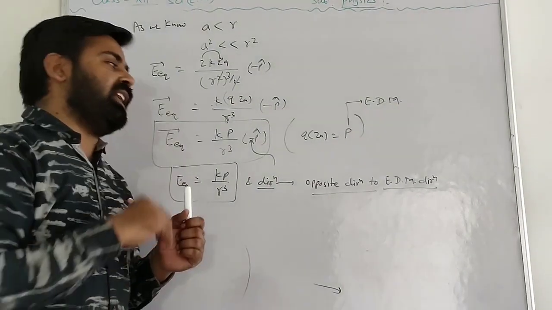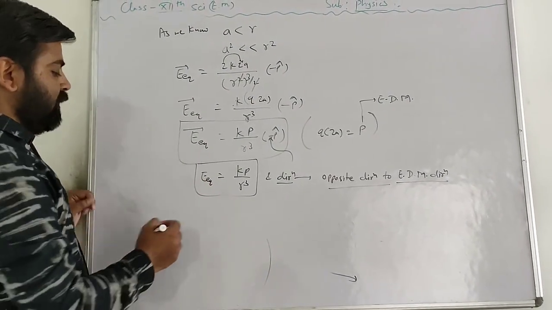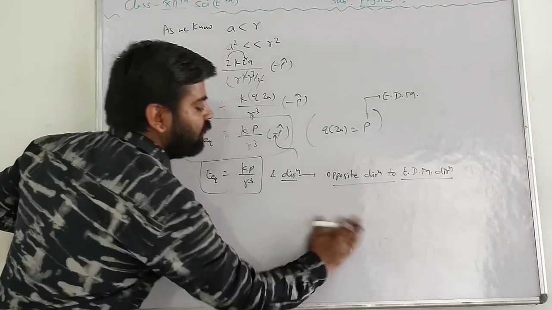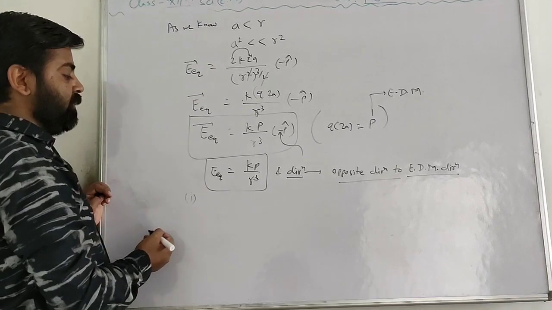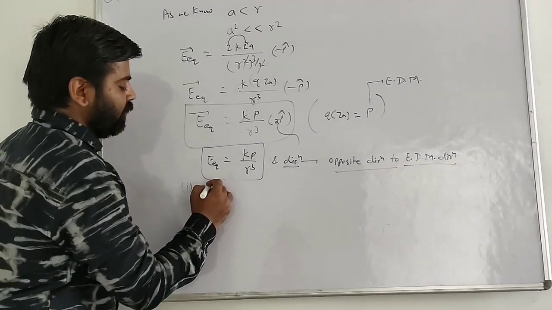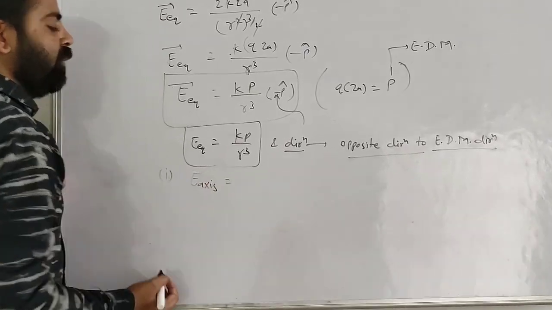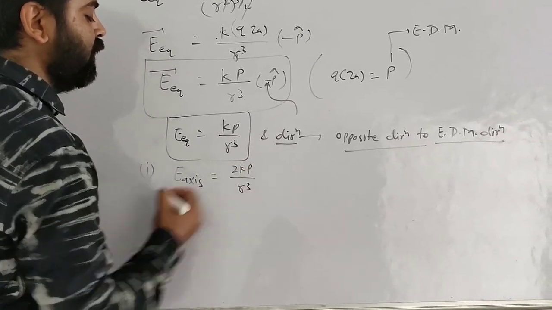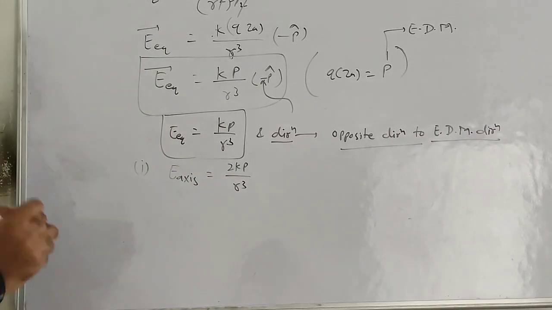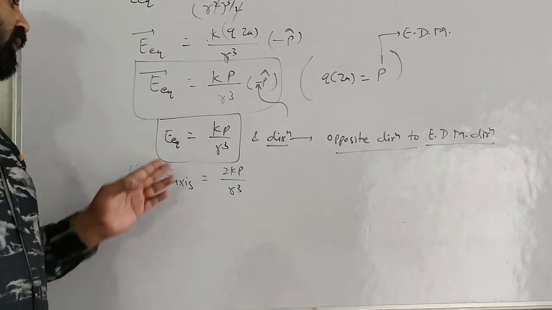Now in the previous class and today's class we conclude some conclusions. First conclusion is: in the previous class E axis formula is 2kp upon r cube, and in today's class the equatorial electric field intensity formula is kp upon r cube.